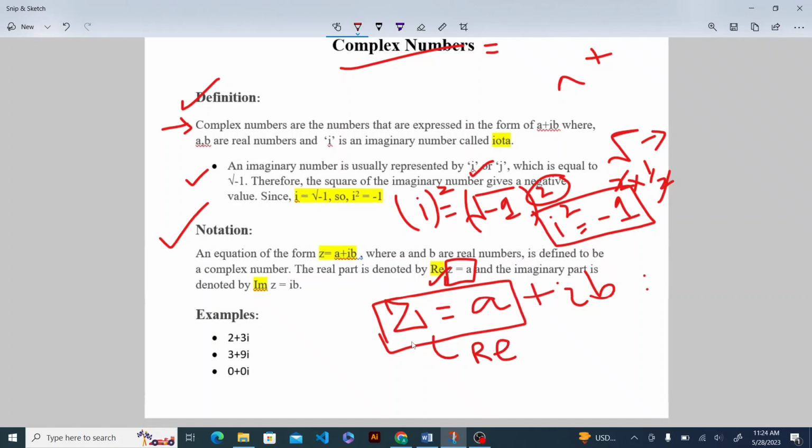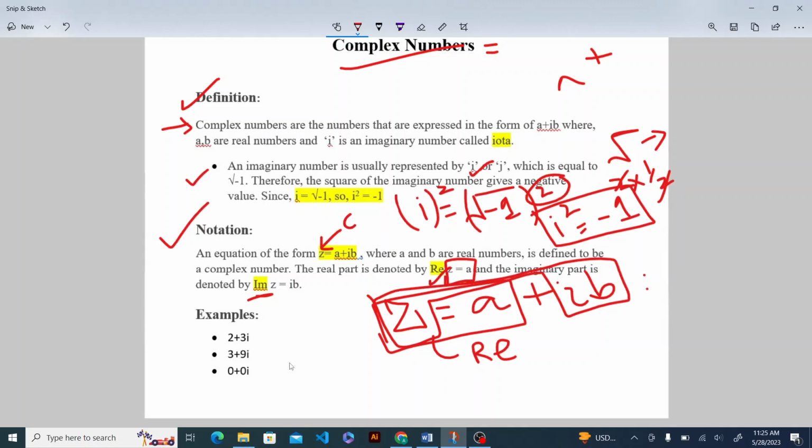Okay, and the imaginary part is denoted by Im z, which is equal to b, with iota. So this is the difference. Here, the symbol used for a complex number is z.